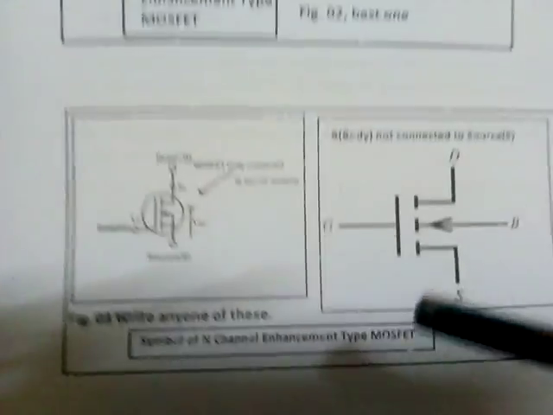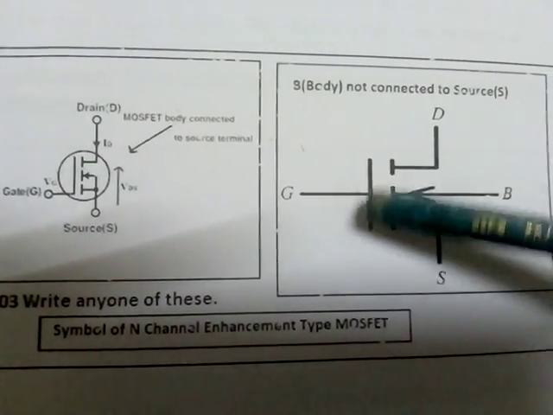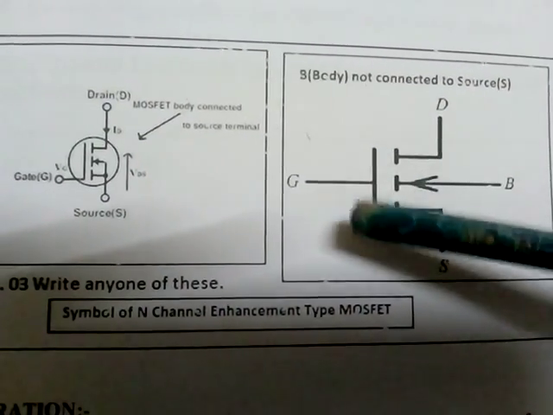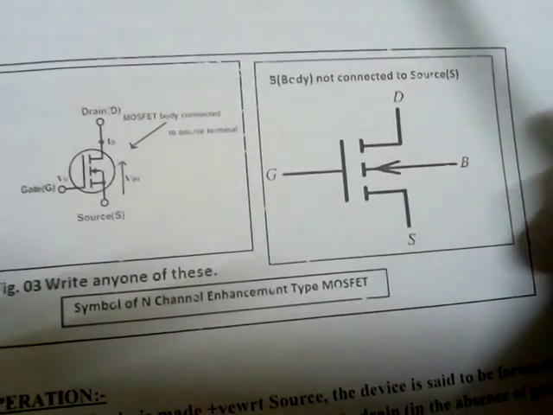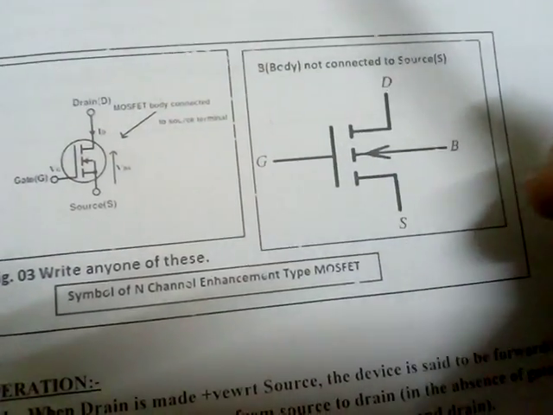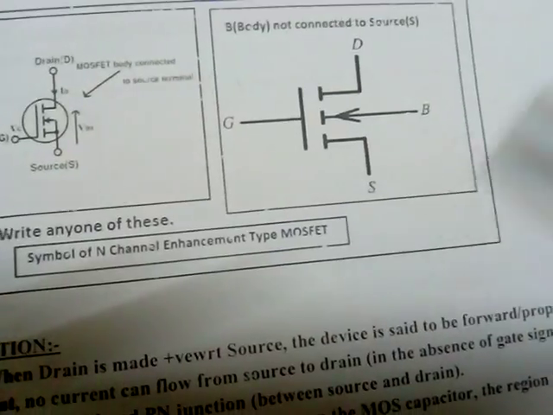The symbol of an N-channel MOSFET is like this. See, this is the gate, and drain and source are kept opposite: drain, gate, source. In between we have the body, that is the p-type substrate.